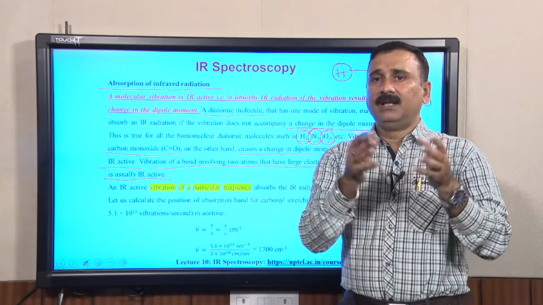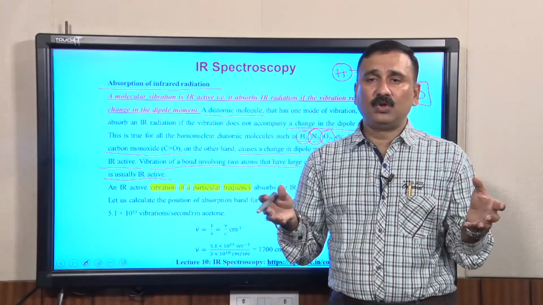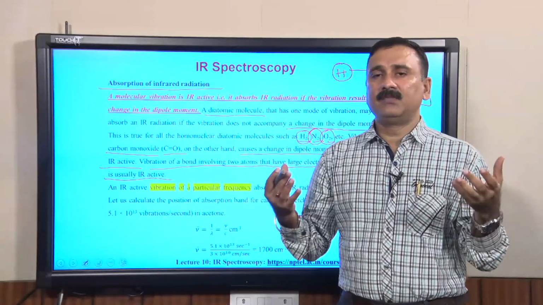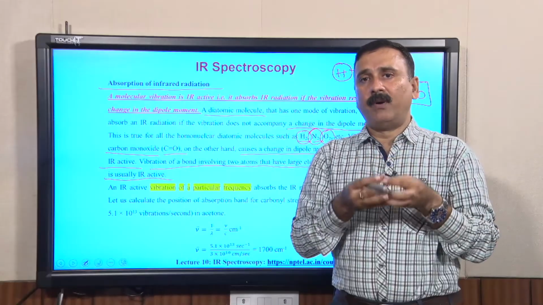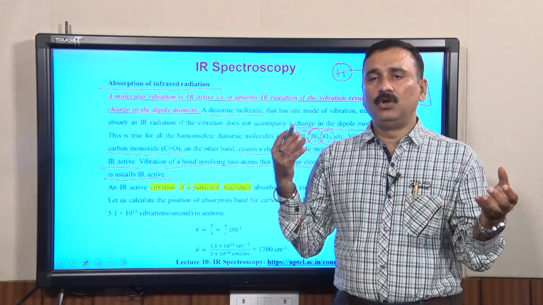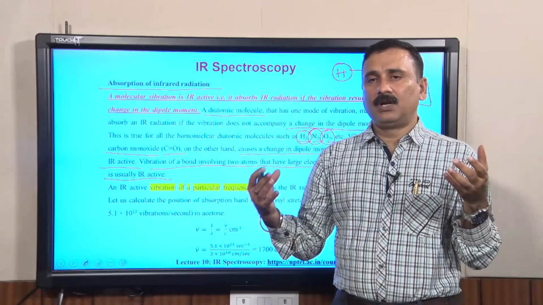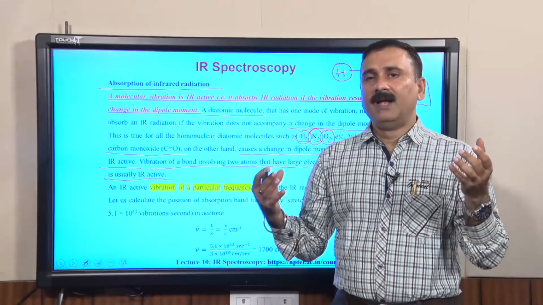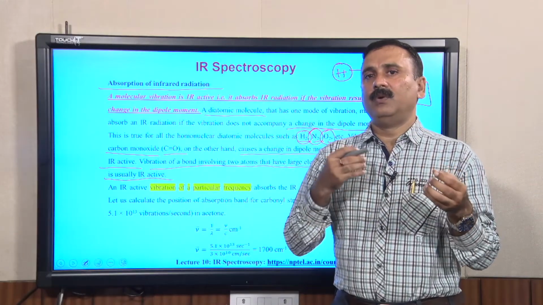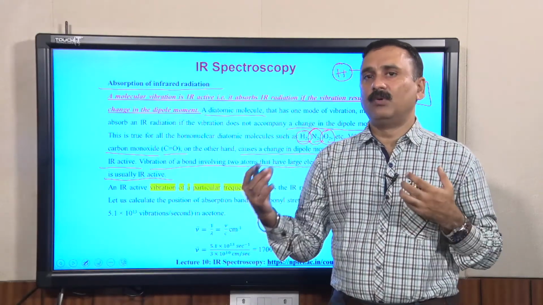It should be a diatomic molecule, which means it contains two atoms, these two atoms should be connected through a bond, and they should have a very large electronegativity difference, which means that when they vibrate, they are going to generate a change in the dipole moment.